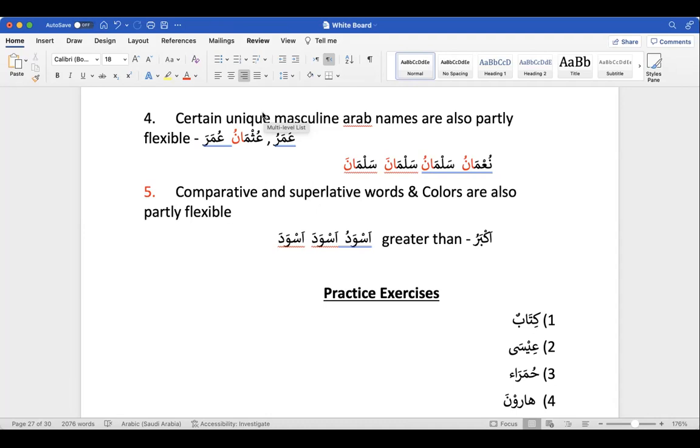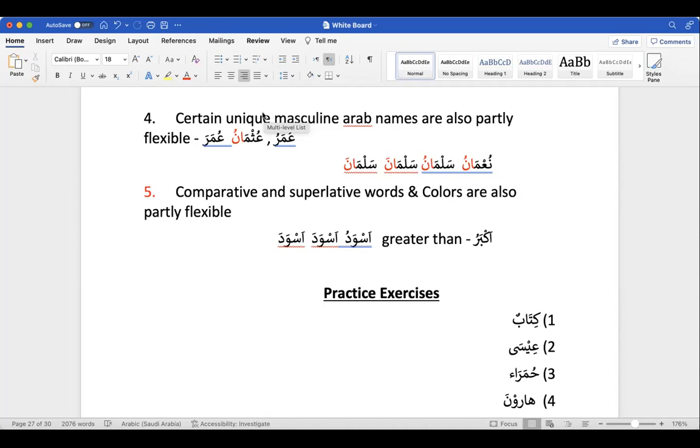In the Quran, there are only 4 prophets mentioned who are Arabs: Muhammad, Hud, Saleh, and Shuaib, peace be upon them. Other than those 4, all other prophets mentioned in the Quran are non-Arab. The only exception is Nuh and Lut, non-Arab names which have only 3 letters with a sukoon in between; they are fully flexible. Other than that, they are all partly flexible.